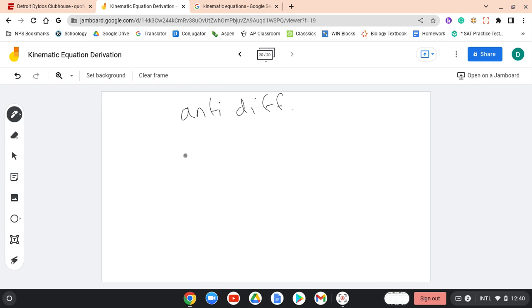Because what we did is we were given some derivative, and we were told that this derivative is equal to something. And we had to use this derivative to try and figure out what the initial function was equal to. And hopefully the reason it's called anti-differentiation makes sense, because you're quite literally anti-differentiating, you're backtracking. So that was an introduction to anti-differentiation, and we used our basic calculus knowledge to understand why that kinematic equation works.